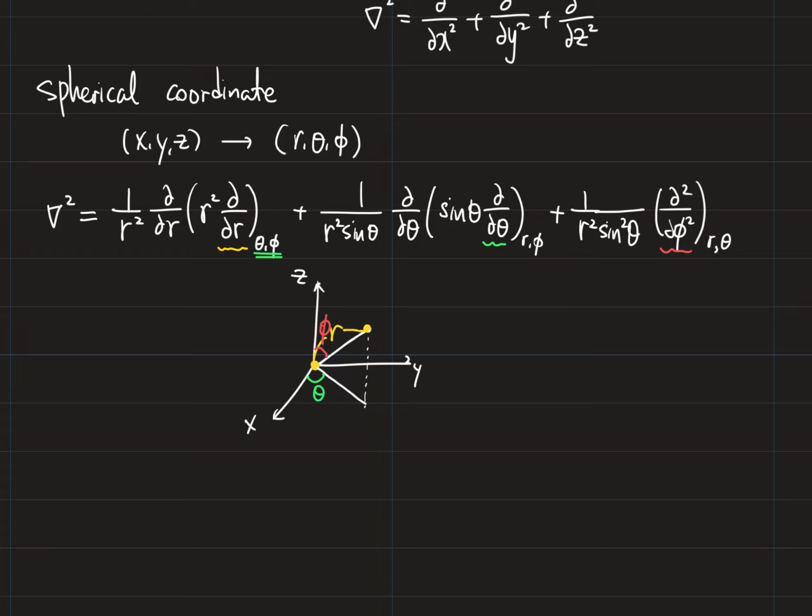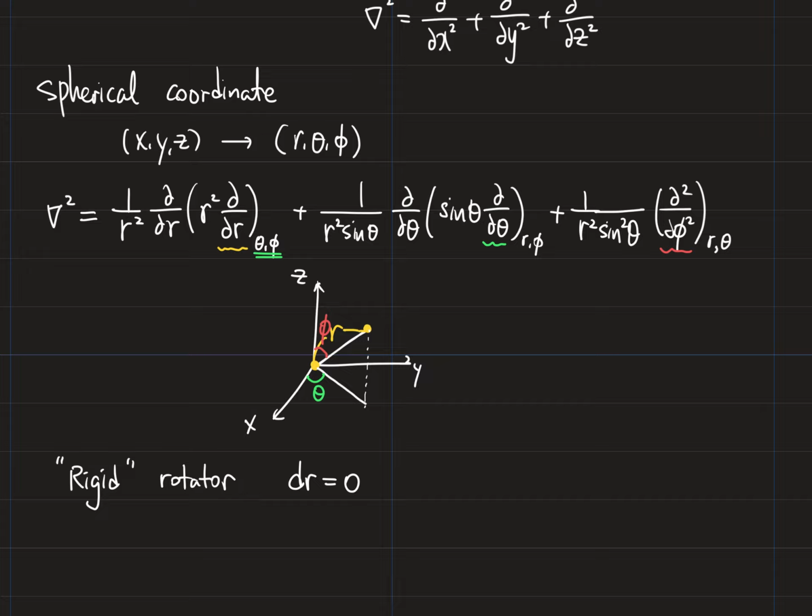And as we mentioned, we are talking about the rigid rotator. That means the distance between the two particles should be fixed during the rotation, right? So that means dr should be 0, right? So we don't really have to take care of the differentiation with respect to r.